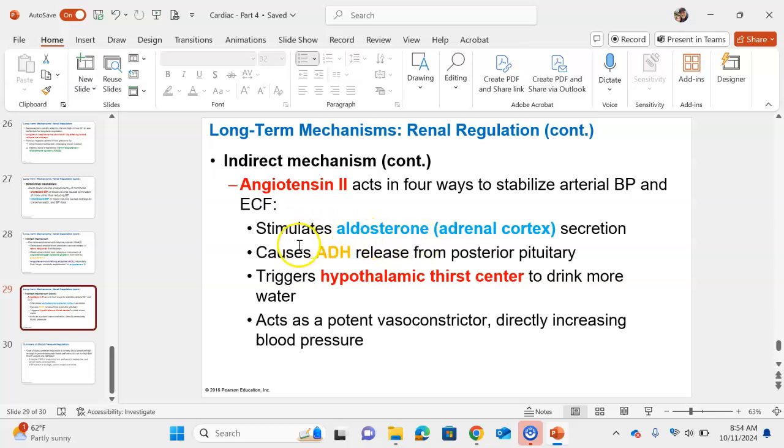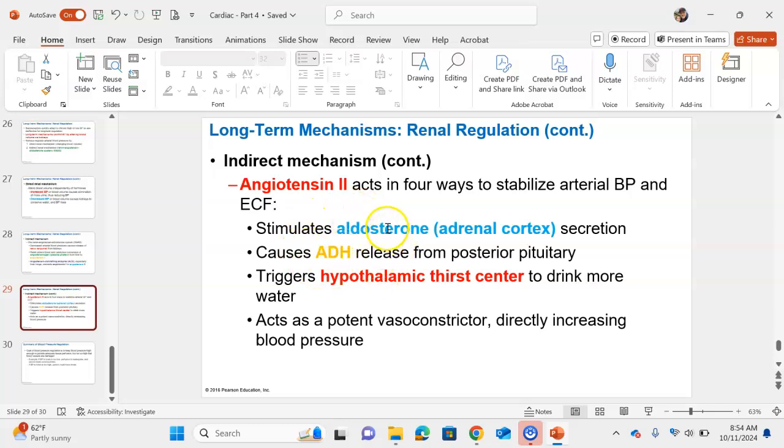It's going to cause ADH to be released from the posterior pituitary. Now I'm going to address those in a second here. And then it's also going to activate our thirst center in the hypothalamus to encourage us, order us to drink more water. Remember, if you drink more water, you boost blood volume. But let's get back to these real quick.